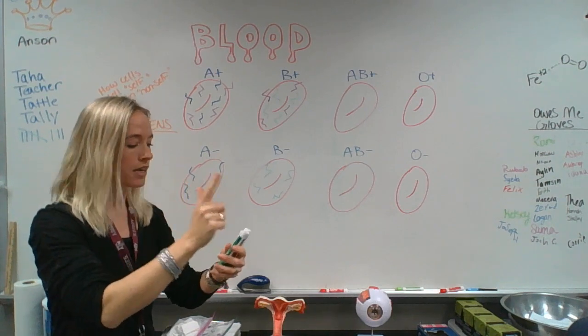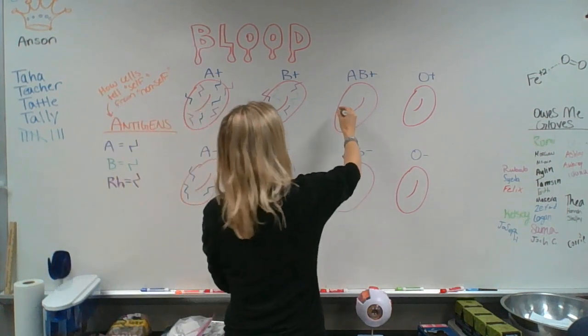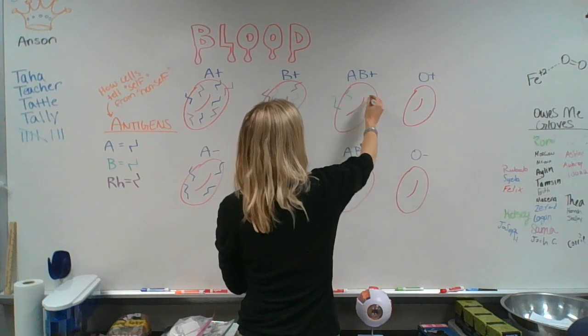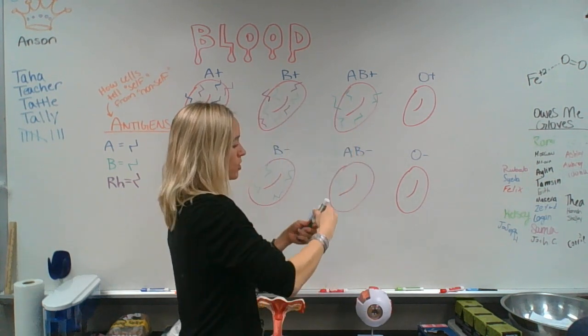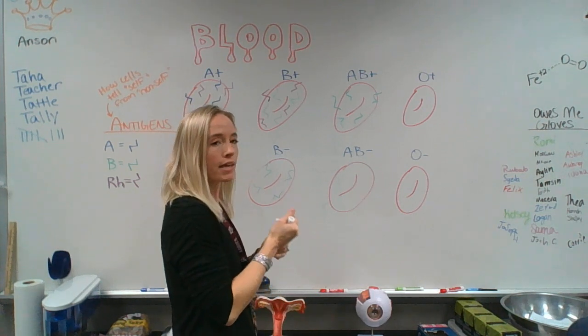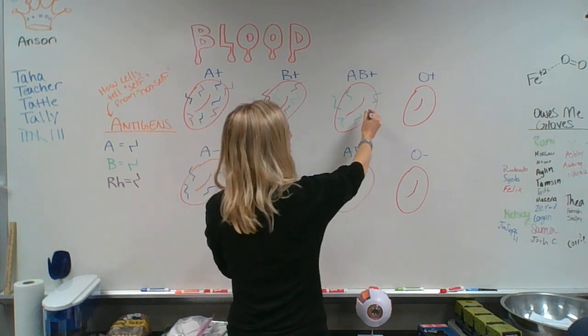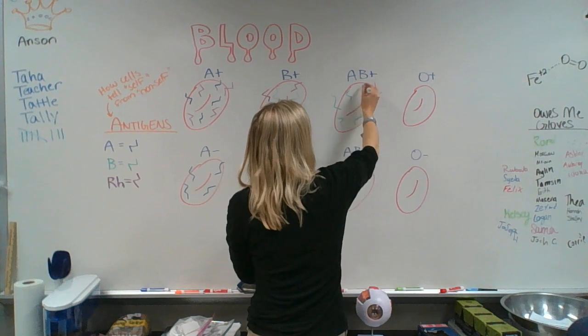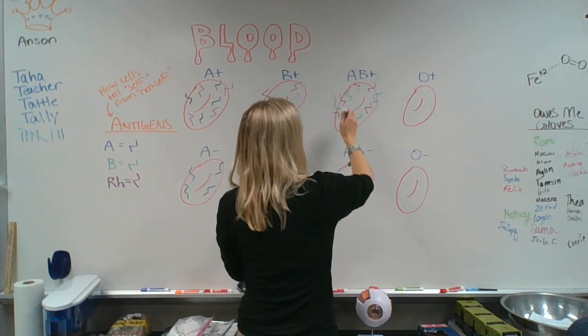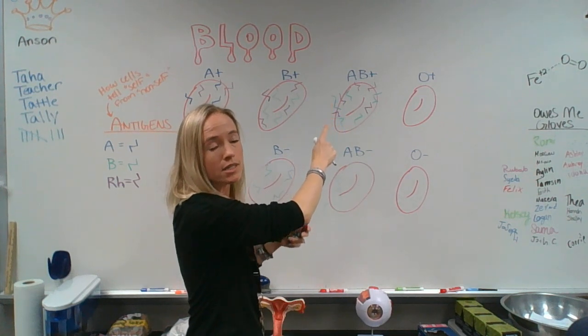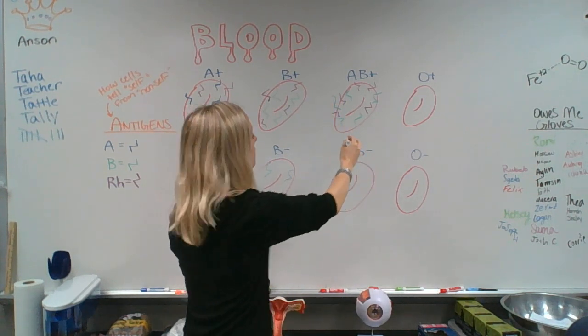It's going to have A, it's going to have B, and it's going to have RH. So there's a lot of things on the surface, and in fact, no other blood type can receive this blood because there are so many antigens on it. The only blood that can receive this is AB positive blood.